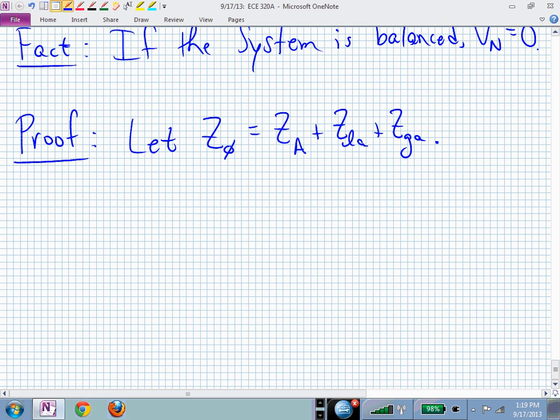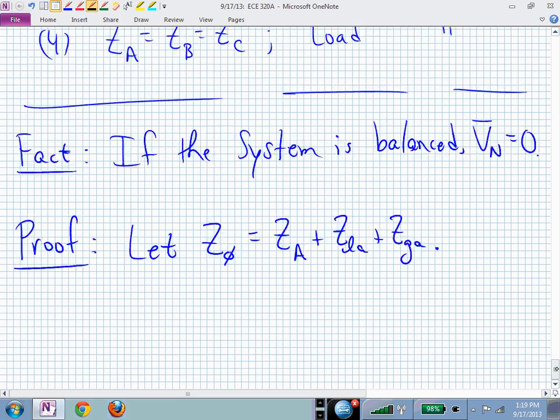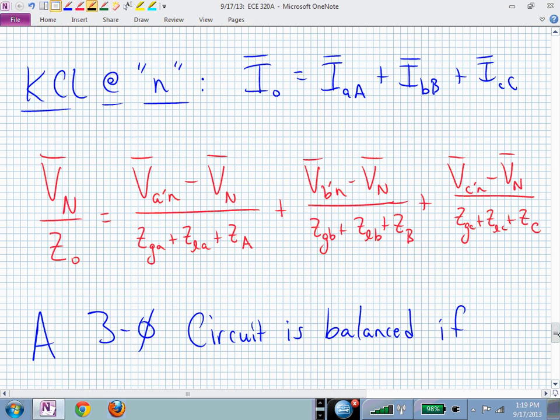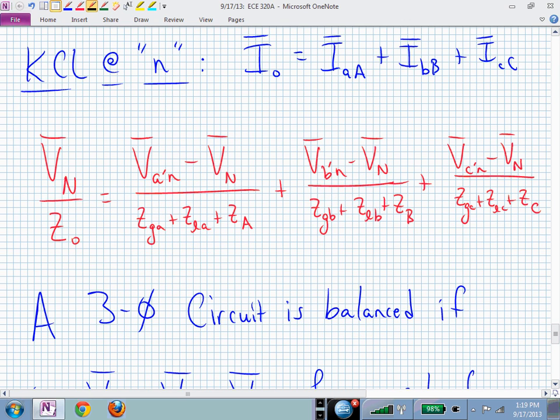If that's the case, then I can rewrite that KCL equation. If you look back at this formula, I have four variables there, V sub capital N, and then I have my A prime, B prime, and C prime. Let me keep my primes on the right, and my capital N's, let me pull those to the left.